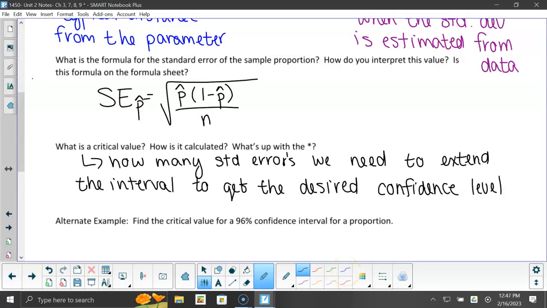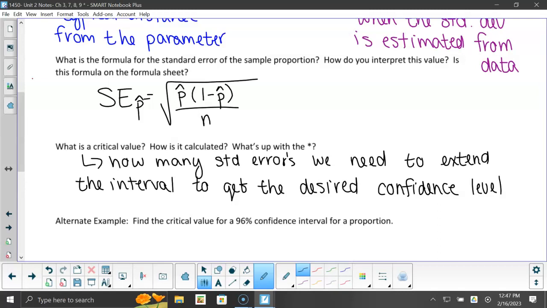So the critical value is literally a table value that we have to pull when we do these formulas. What it does is it helps us get to the desired confidence level that we want.